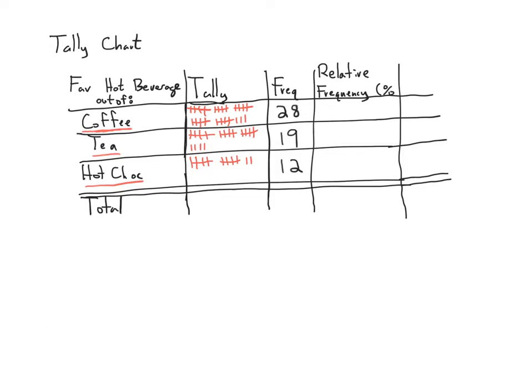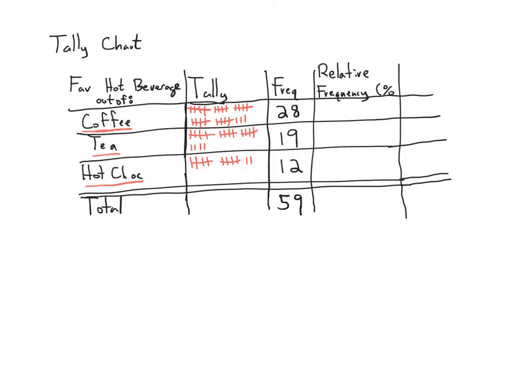And how many students in total do I have? Well, let's count them up. If we add these numbers, we get 28 plus 19 is 47. 47 plus 12 is 59. So let's say there are 59 students that I surveyed.